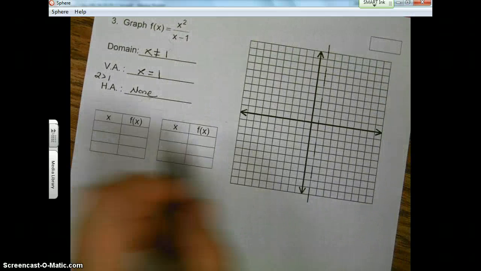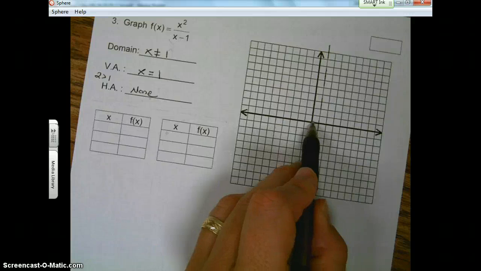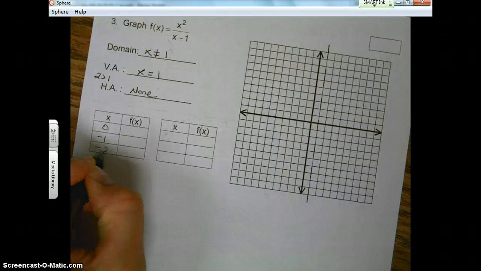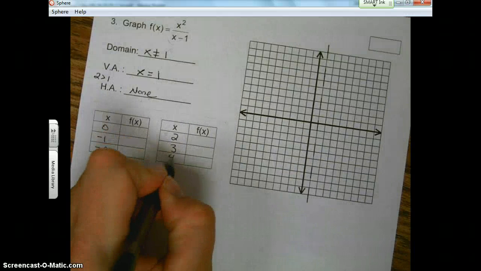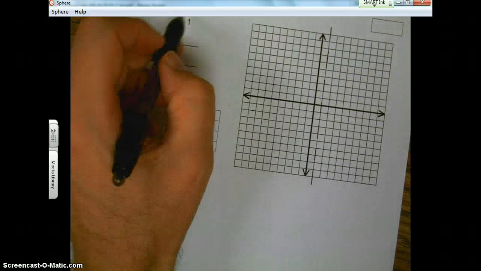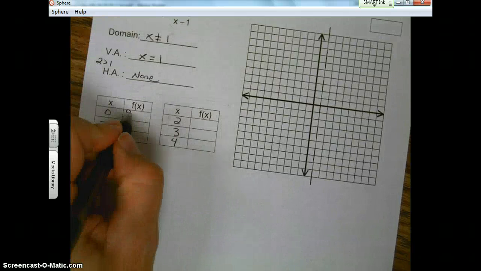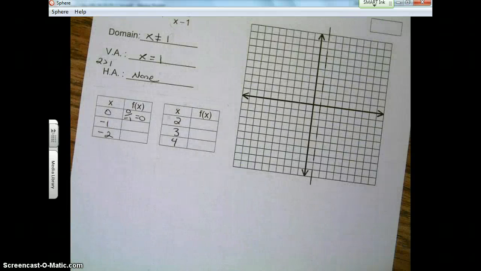Let's choose some points to the left of the vertical asymptote. We're going to choose 0, negative 1, negative 2. And to the right of 1, we're going to choose 2, 3, and 4. Plugging in: 0 squared is 0, 0 minus 1 is negative 1, so 0, 0 is our first point.